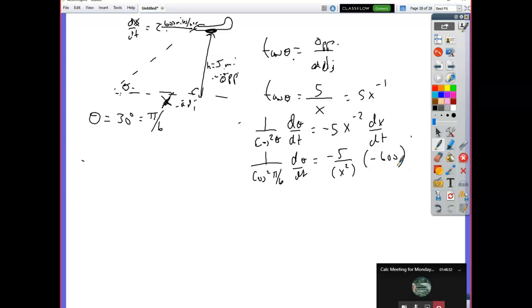It is 600. Okay. So, what is cosine of pi over 6? Root 3 over 2. Negative, this should be positive 3,000, wouldn't it? Yeah. Which is good, because I expected a positive number out of this whole mess. How am I going to figure out what x squared is, though?